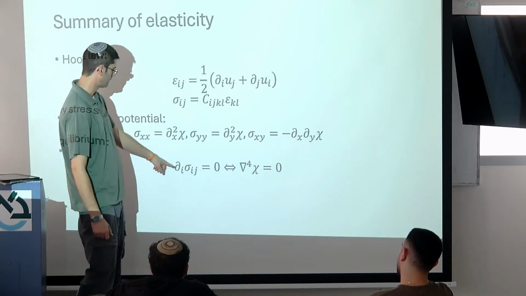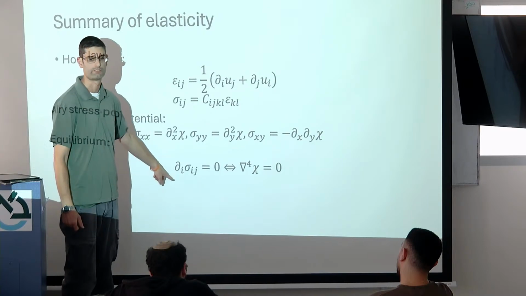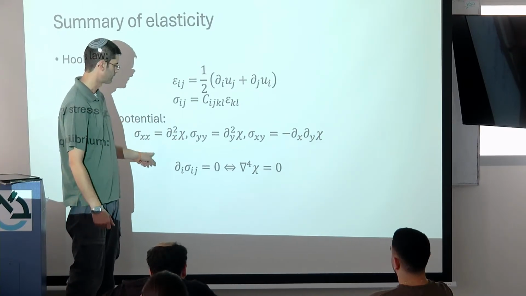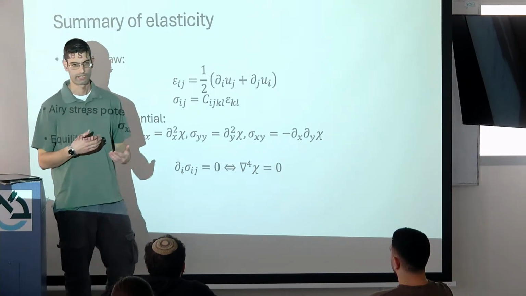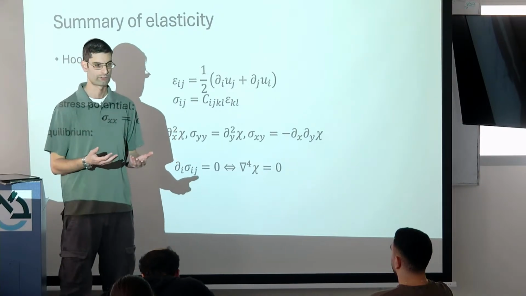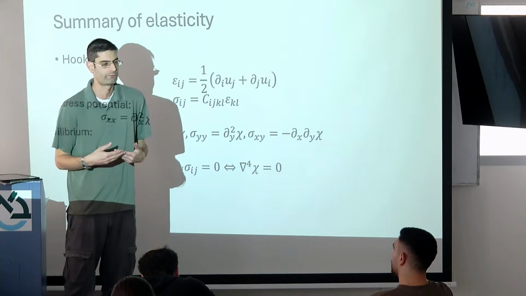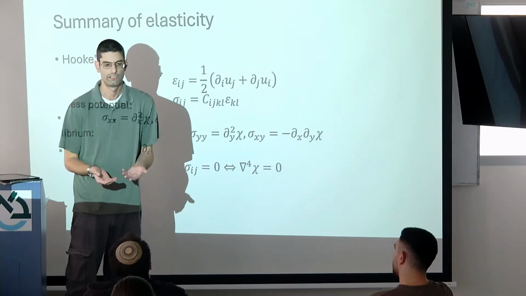You can show that defining this potential is equivalent to requiring this, meaning every function chi is going to create a stress tensor that obeys equilibrium. And this is similar to Gauss's law in electrostatics. If we define the electrostatic potential, then by definition, taking the electric field to be the gradient gives us Gauss's law.